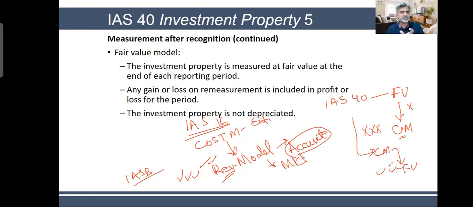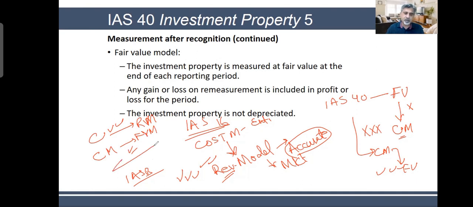So remember that you can make a switch between these models from cost to revaluation and from cost to fair value. From cost to revaluation model, it is accepted. From cost model to fair value model, it is also accepted because it becomes more accurate.